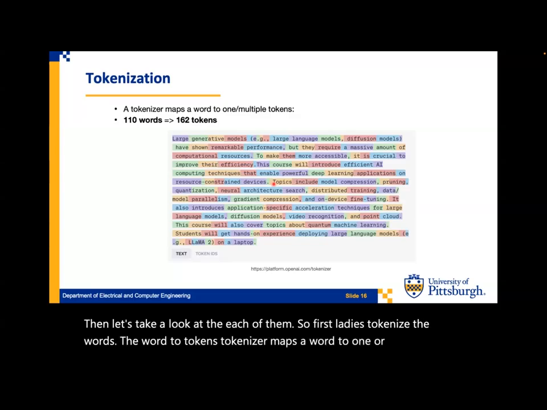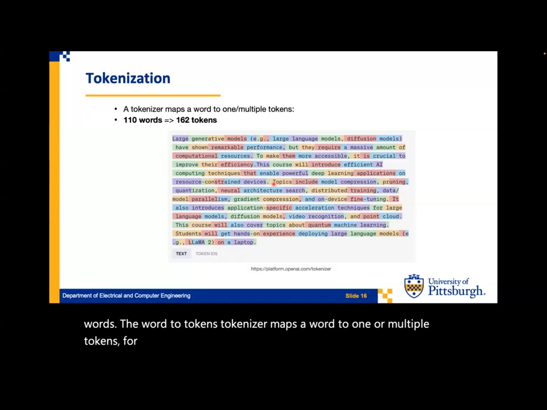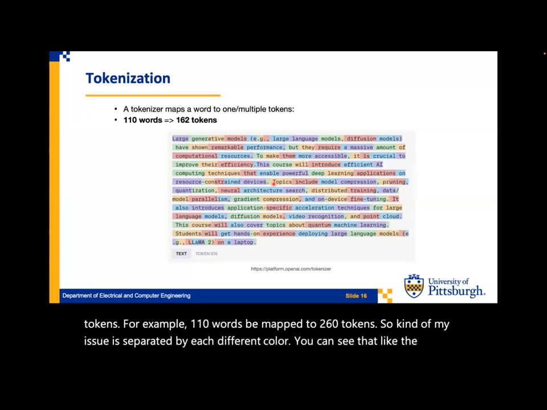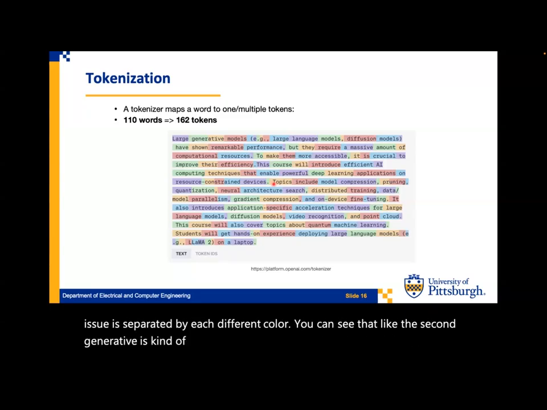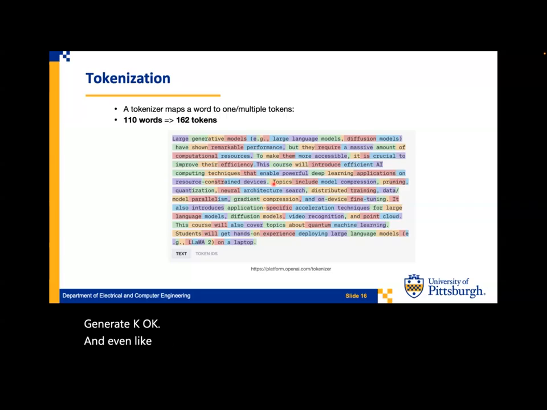For example, here 110 words are mapped to 162 tokens, separated by different colors. You can see that the word "generative" is separated into "generate" and another piece. But in "large language model," each word is a token. So that gives you an idea.